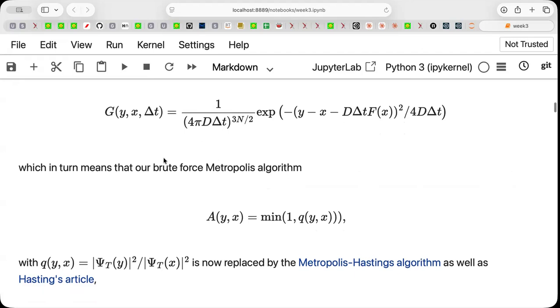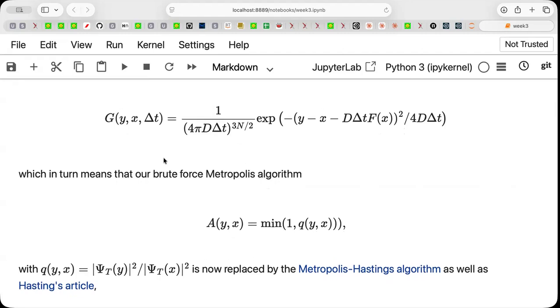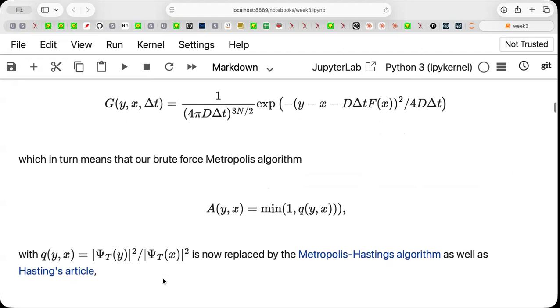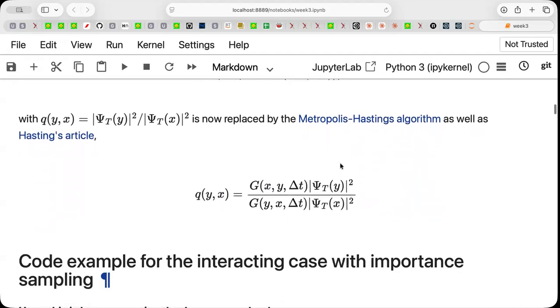So that means that when we now are going to modify the Metropolis algorithm, our brute force Metropolis algorithm, where this q was just a ratio between the wave function squared, is now replaced by the Metropolis-Hastings algorithm, which then gives us a probability distribution.